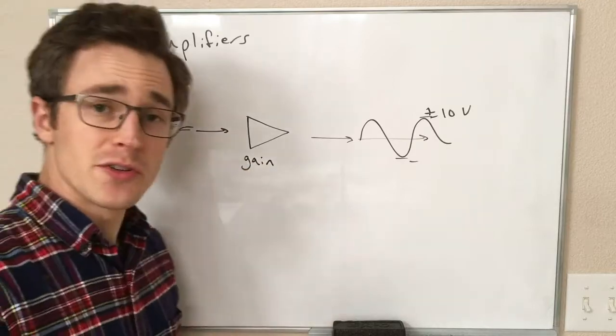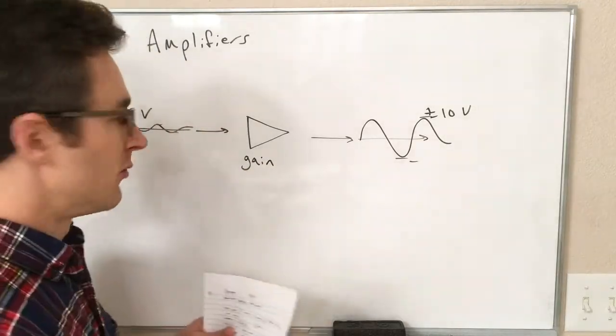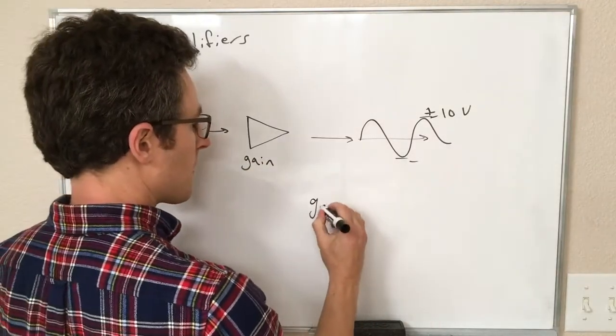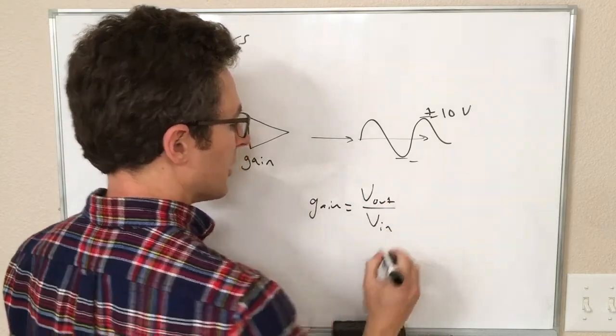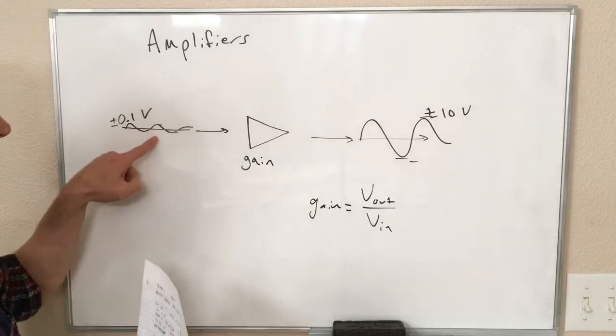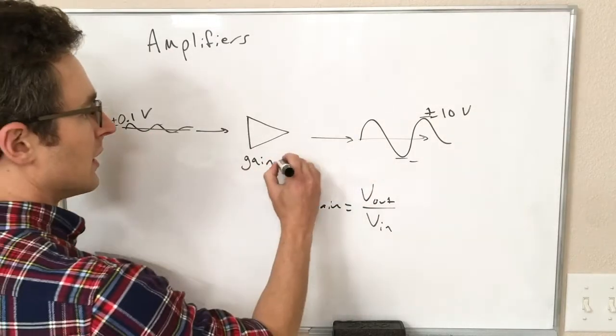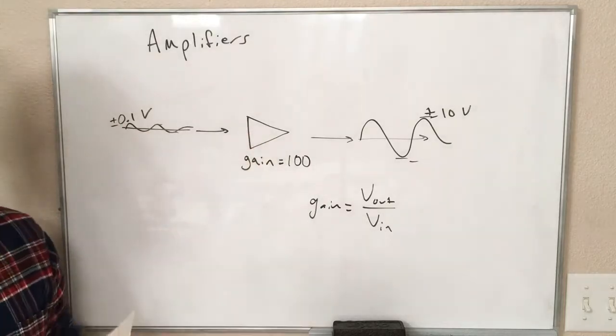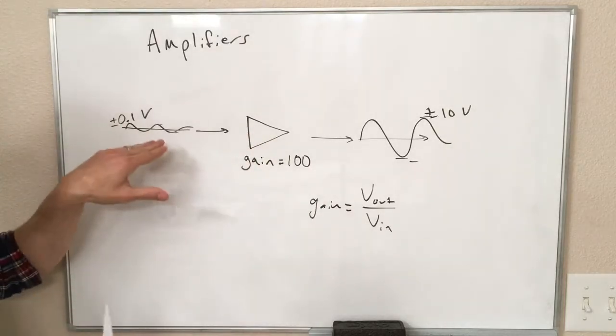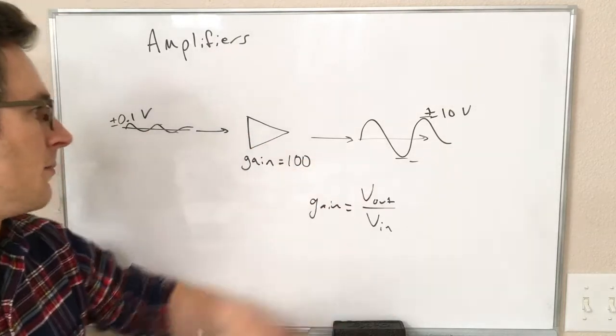gain in terms of filters, and just like for filters, the gain of an amplifier is equal to the output over the input. So if we wanted to go from 0.1 volts to 10 volts, we would need a gain of 100. So we need an amplifier here with a gain of 100, and that would convert this 0.1 volt signal into this 10 volt signal.